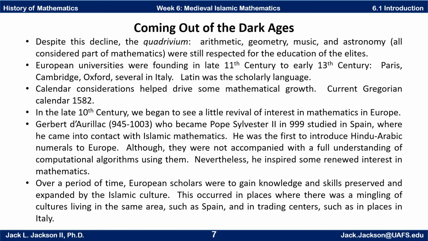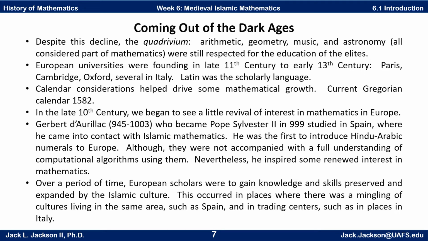And there's always some desire to try to date certain religious events. Our current calendar is actually the Gregorian calendar, and it wasn't put into place until 1582, although some earlier versions of it were around a little bit before that.